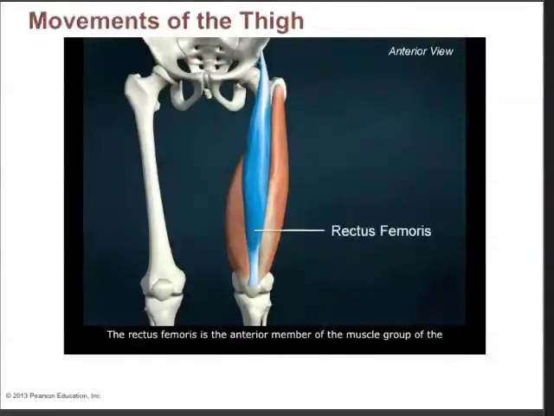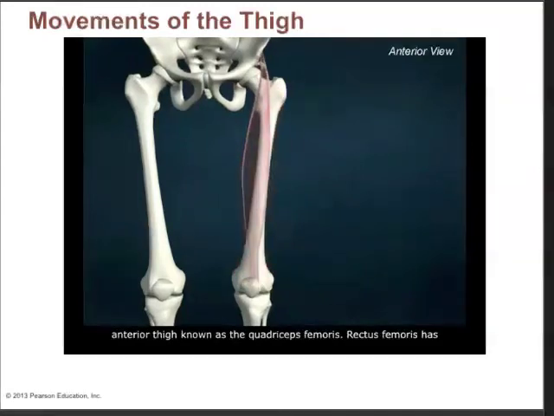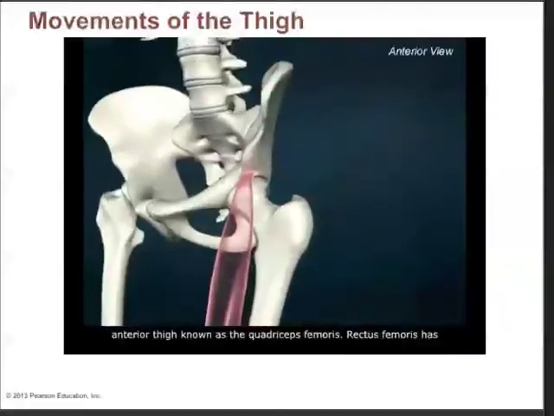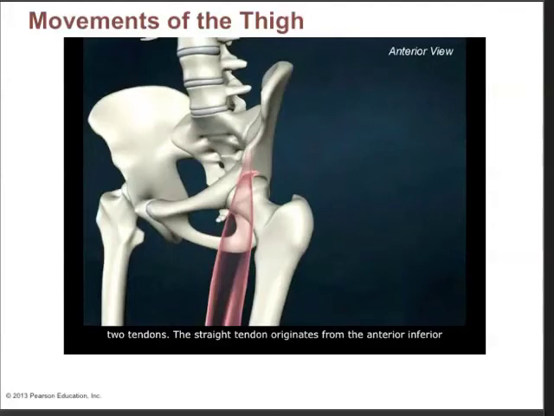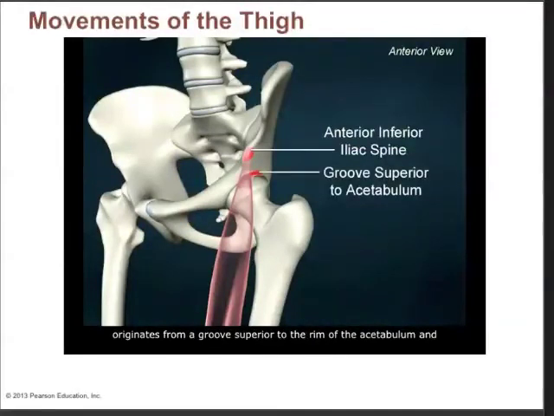The rectus femoris is the anterior member of the muscle group of the anterior thigh, known as the quadriceps femoris. Rectus femoris has two tendons. The straight tendon originates from the anterior inferior iliac spine and gives rise to the straight head. The reflected tendon originates from a groove superior to the rim of the acetabulum and gives rise to the reflected head.